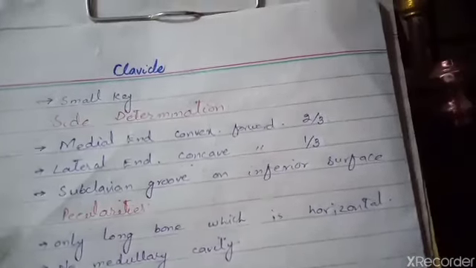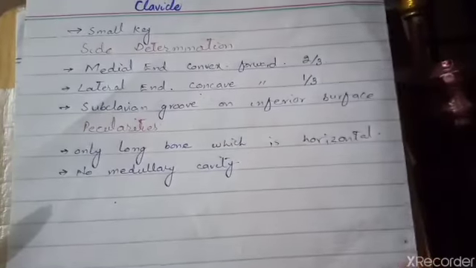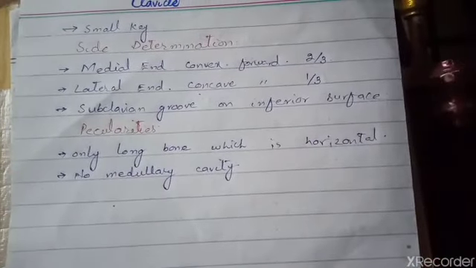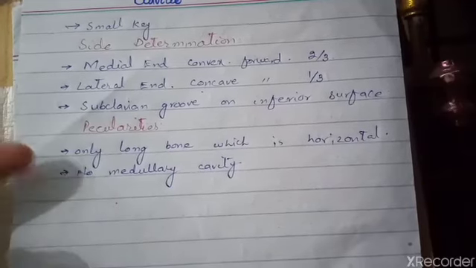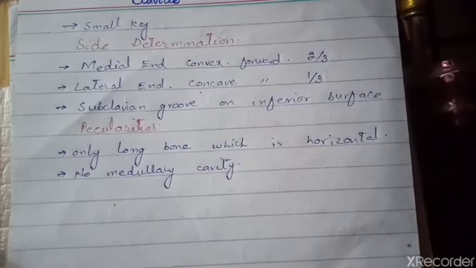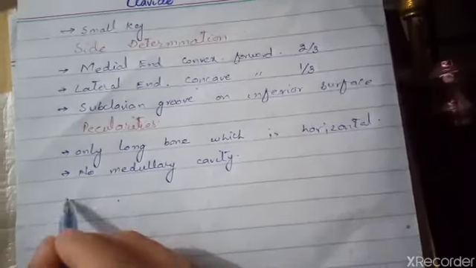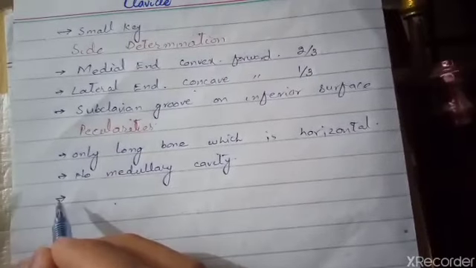Now what is the medullary cavity? The medullary cavity means the cavity which is usually present in the bone. This cavity is usually filled with bone marrow. As we have mentioned, the clavicle has no medullary cavity, so it does not have any sort of bone marrow. This is its peculiarity.